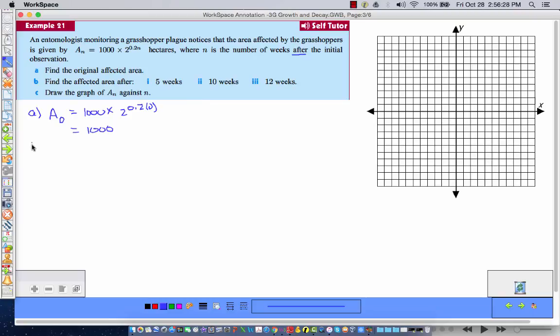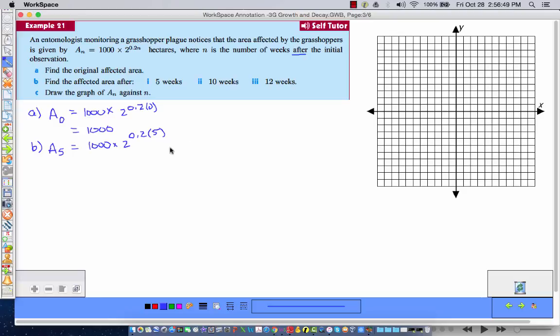B, find the affected area after 5 weeks. So A sub 5 would be equal to 1,000 times 2 to the 0.2 times 5. And I could crank this in my calculator and show you that, but I know you know how to do that.